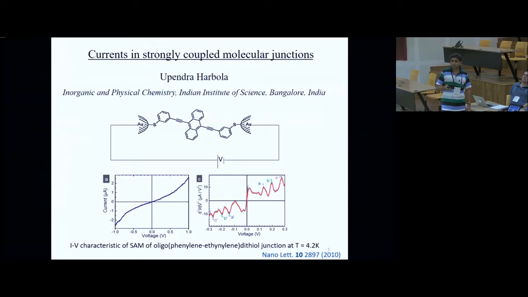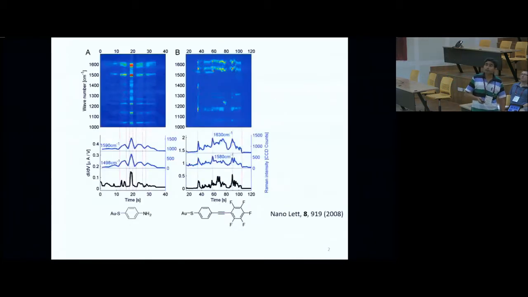In general, these interactions between electron and molecular vibrations lead to an enhancement in the current, because they provide a new channel for the electron to go from this side to this side. This is one way to explore the vibrational motion of the molecule in a molecular junction.